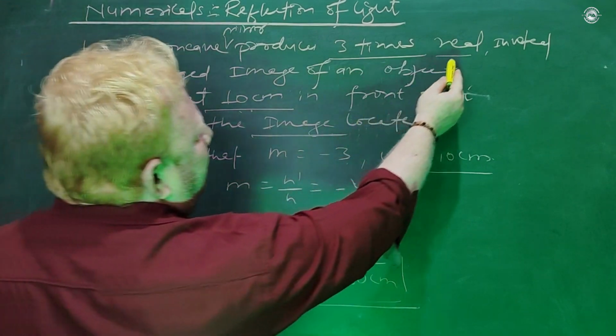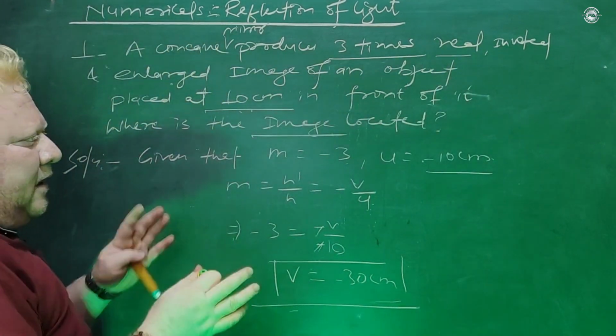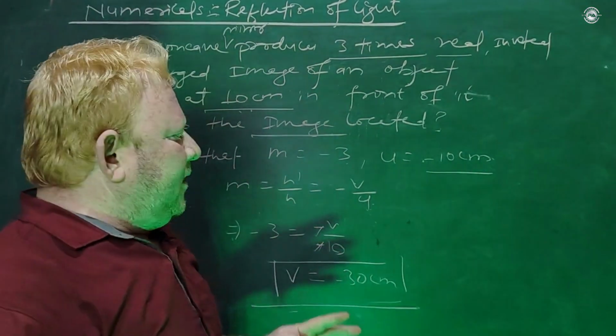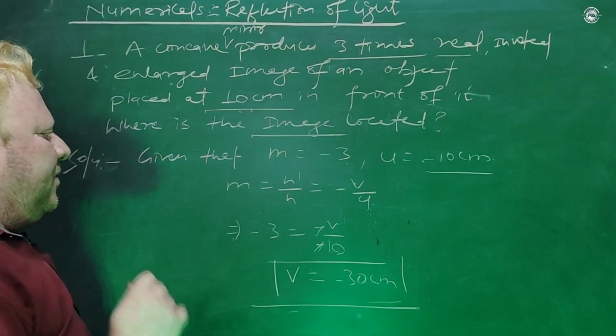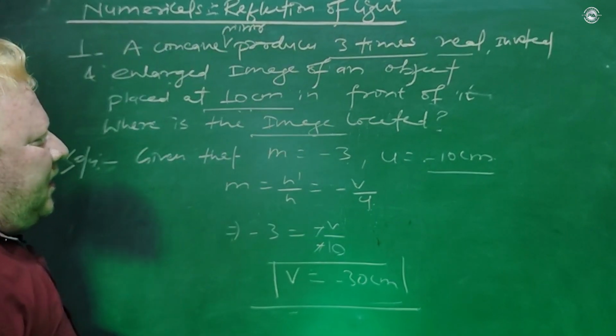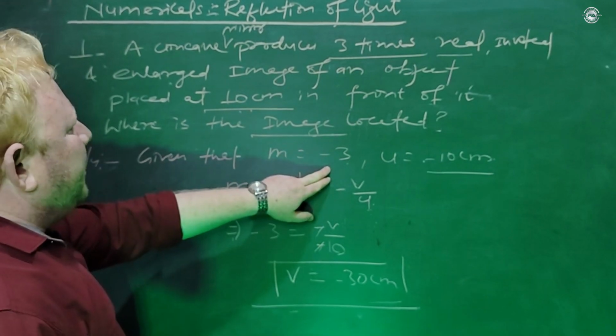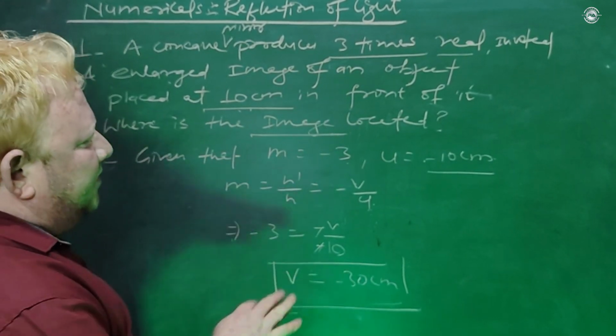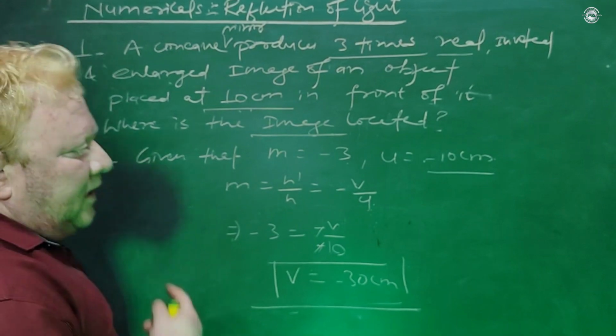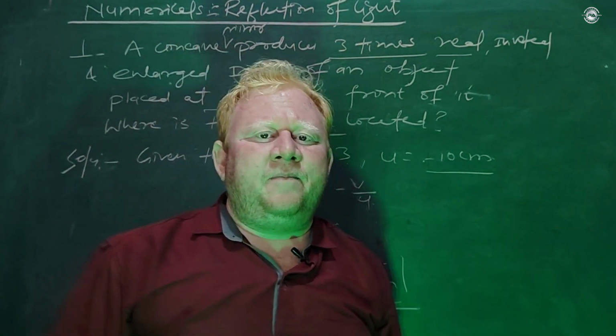Image is real and enlarged, that means the object is being placed in between C and F. That's why the image is 3 times bigger, real, inverted, and on the same side. Yes, this is how you can approach.